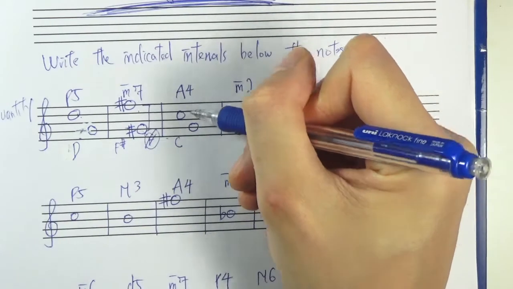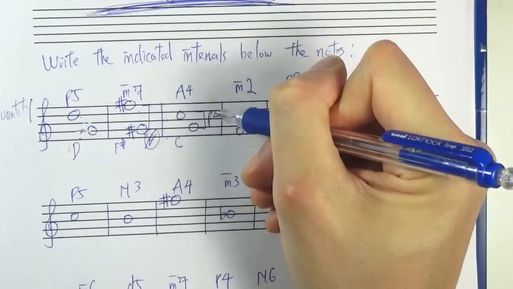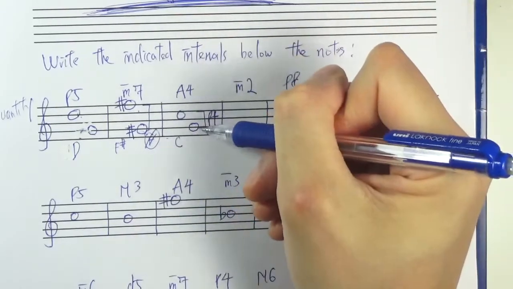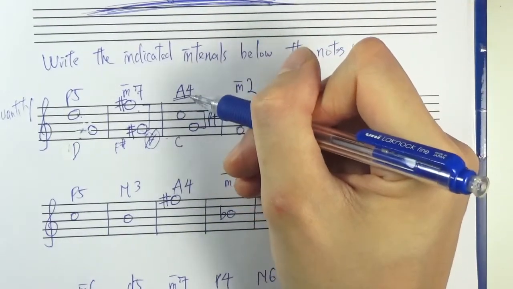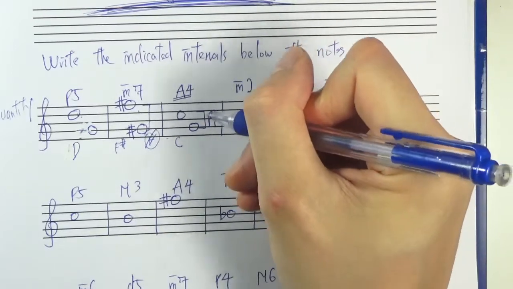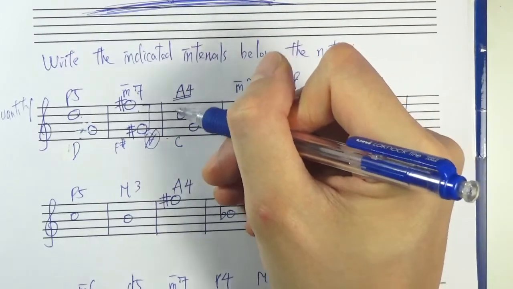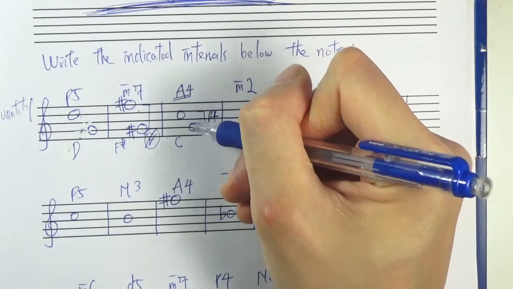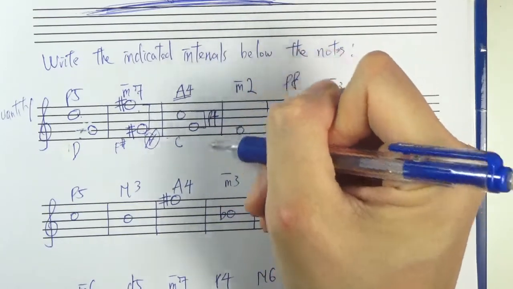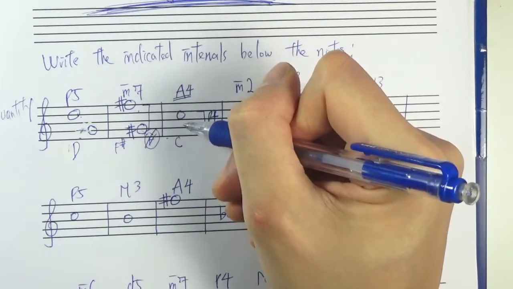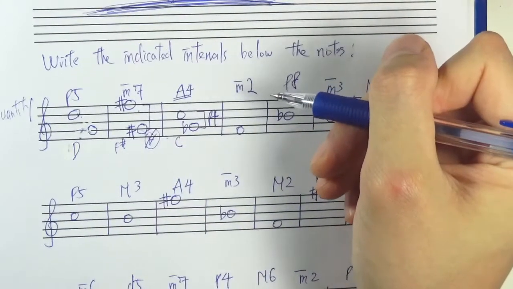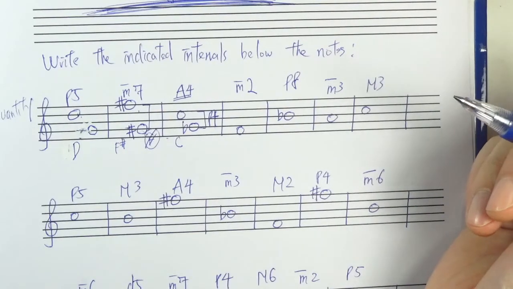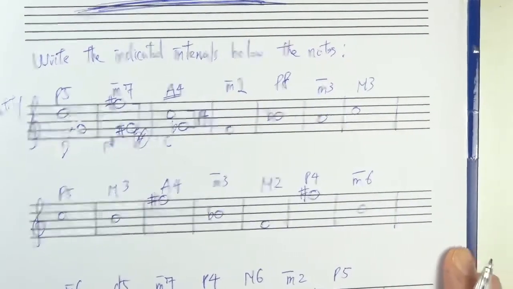G to C. It's a perfect fourth, right? What we are looking for is an augmented fourth. So this one, it's too small. We are not altering this one since this is a given now. So we are altering this one. We have to alter this one so that this interval would become larger. Hence, we should flatten the bottom note. All right? I'm sure you'll get the hang of it.